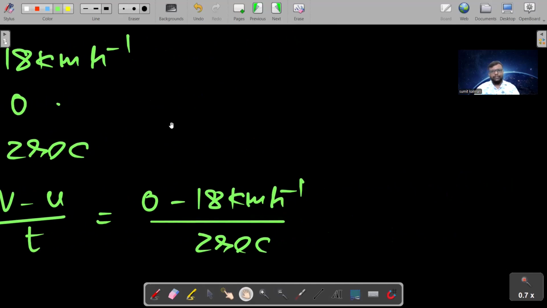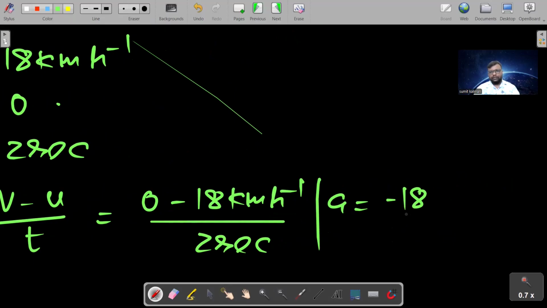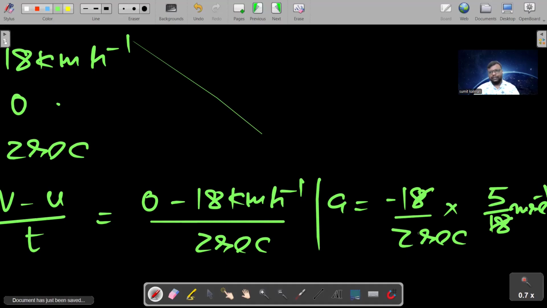So here, acceleration is equal to minus 18 by 2 seconds, and 1 kilometer per hour is how much? 5 upon 18 meter per second. So here friends, 18 and 18 will be cancelled out, and 5 by 2 is 2.5.